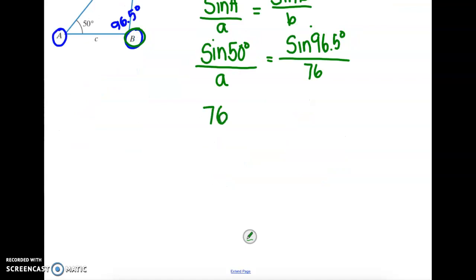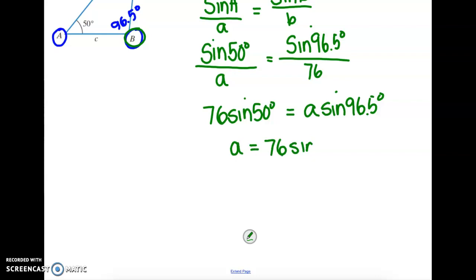All right, we're ready to go ahead and cross multiply and undo. So 76 times the sine of 50 degrees equals A times the sine of 96.5 degrees. Now we're ready to undo, so we're going to divide both sides by the sine of 96.5 degrees. Again, feel free to pause this video, rewind the video.